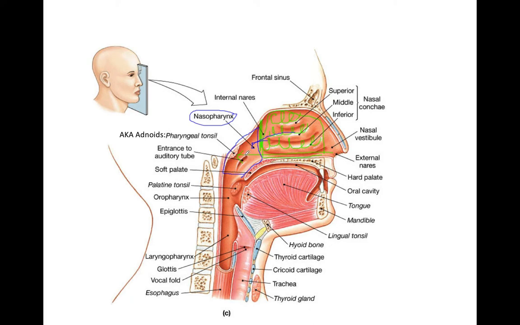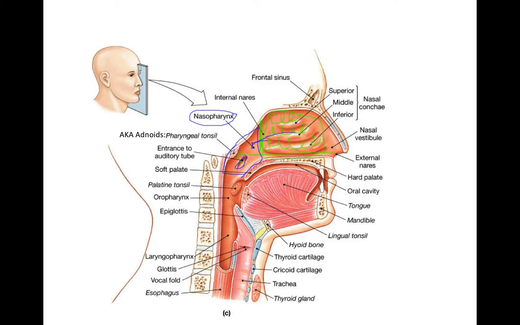We have the entrance into the auditory or eustachian tube. So if you ever try to pop your ears by holding your nose and blowing, you're blowing air into this tube and popping your ear. This eustachian tube connects directly to your middle ear.